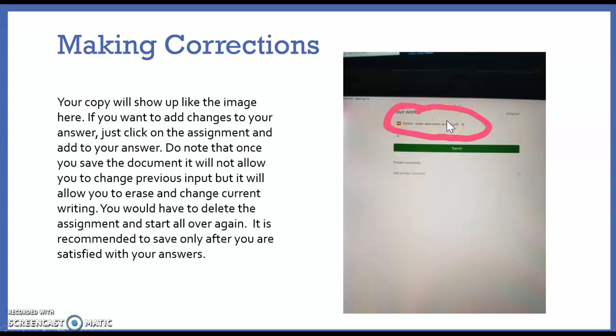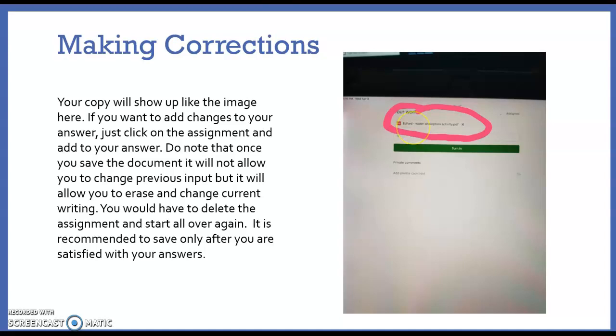Now, if you have answered all of the questions and you are done, then you just click turn in. But if you need to go back into the assignment, just click on the assignment. It will bring back up your recorded answers. You will have to click on the pen again in order to add more information and then repeat saving it.